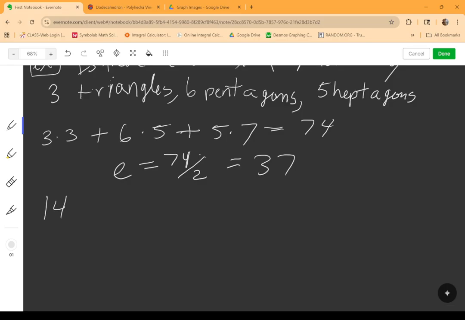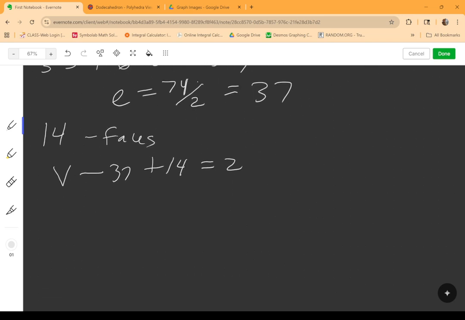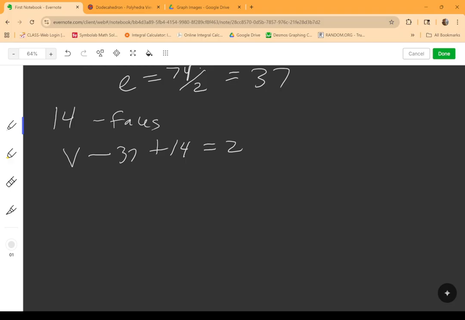We have 14 faces: 3 triangles, 6 pentagons, and 5 heptagons. Now let's take a look at Euler's formula. Euler states V minus 37 plus 14 is equal to 2. So V is equal to 25.